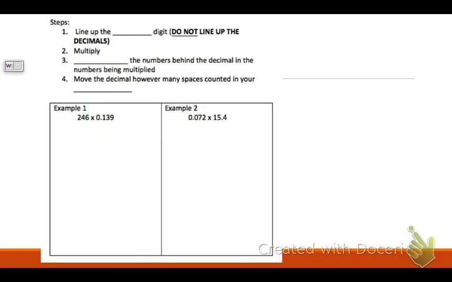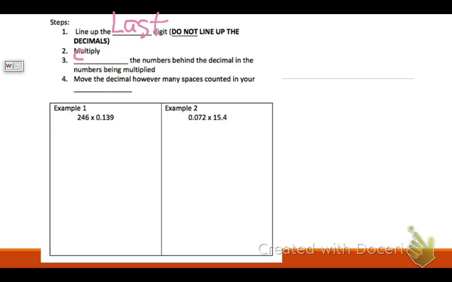Alright, here we go. We want to write some notes here. Line up the last digits. Do not line up the decimals. Please do not do that. Then we want to multiply.